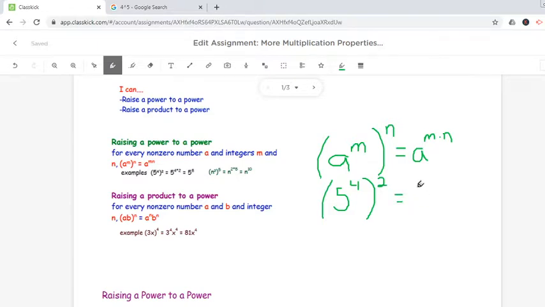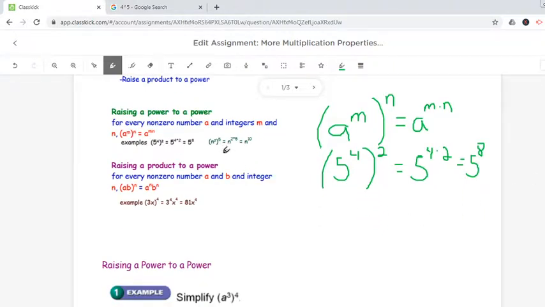So 2 is outside of the parentheses. So it's 4 times 2. So 4 times 2 equals 5 to the 8th. Okay.